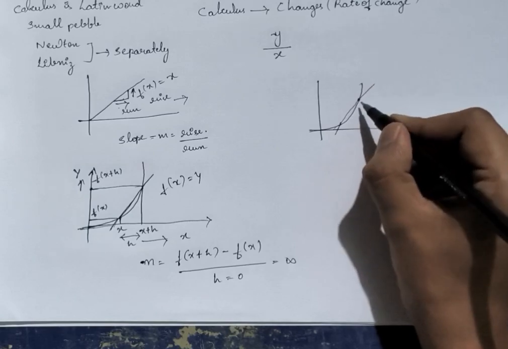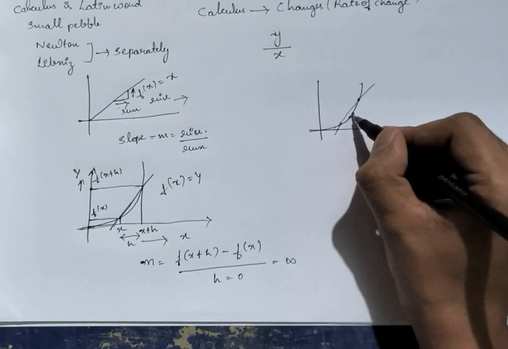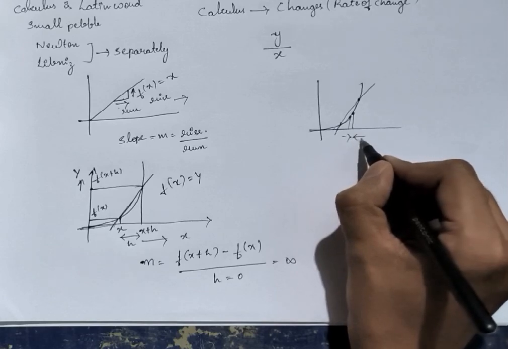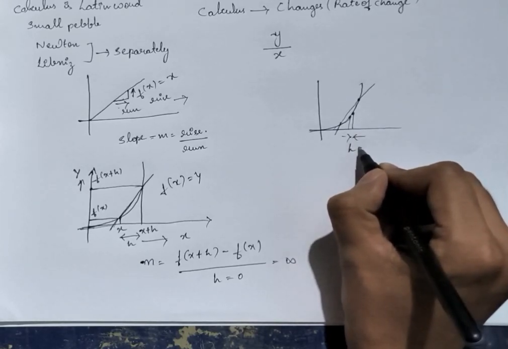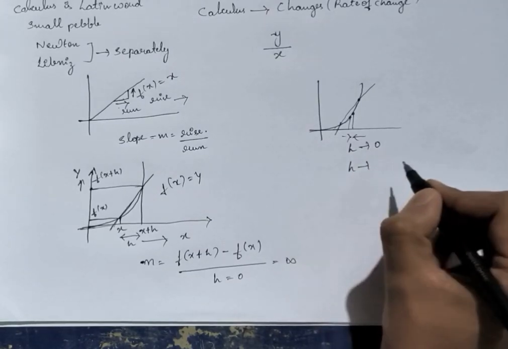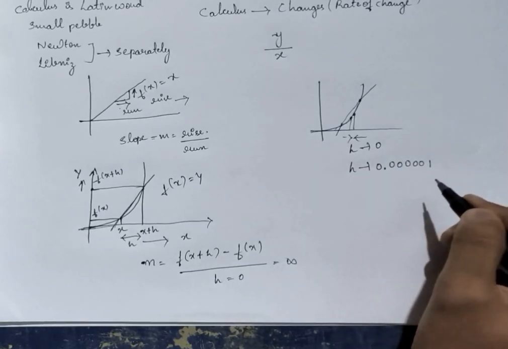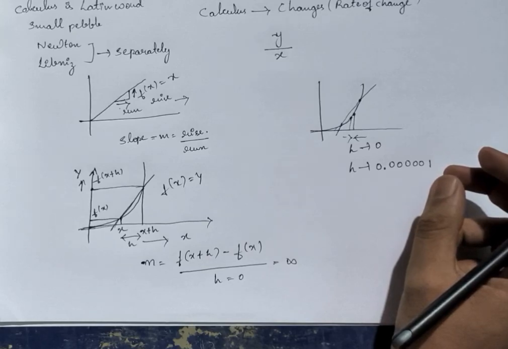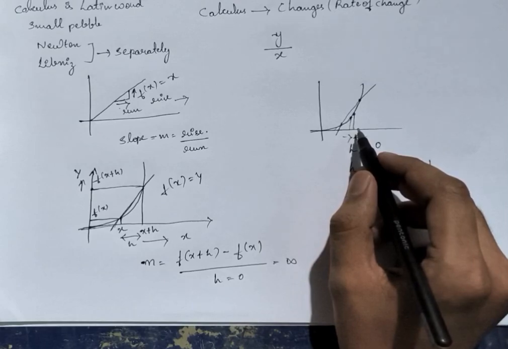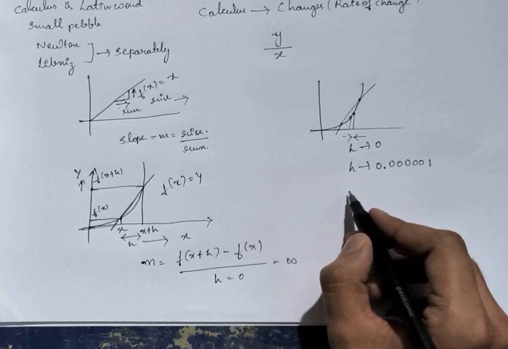If they come very close together, this distance approaches 0 from either side. H approaches near 0, like consider h equal to 0.000001. As it approaches 0, the distance between these two points reduces, and obviously there will be a high level of accuracy.